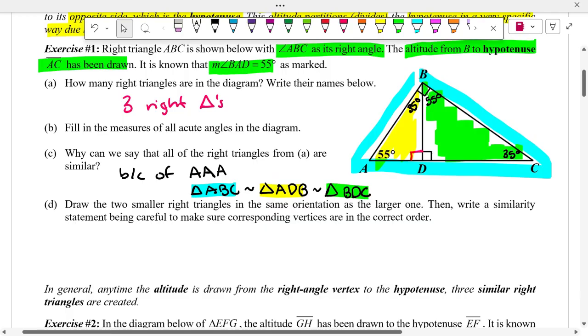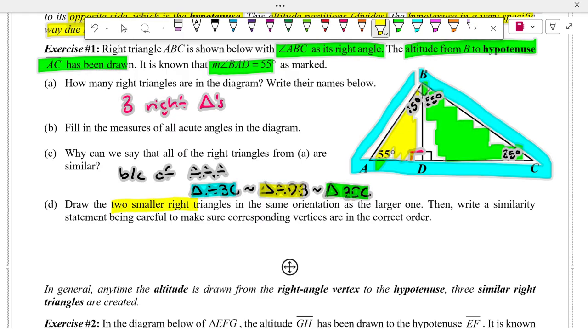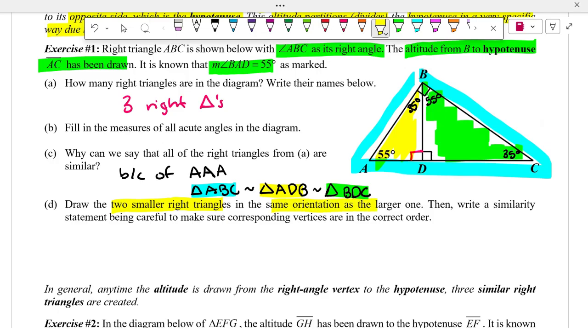Now, we're going to redraw these triangles, but to be in the same orientation as the big one. So we're going to redraw the two small triangles to be the same orientation as the larger one. All right. So first off, I'm going to draw my big one in its proper orientation. So A, B, C. So this is 55, 90, 35.